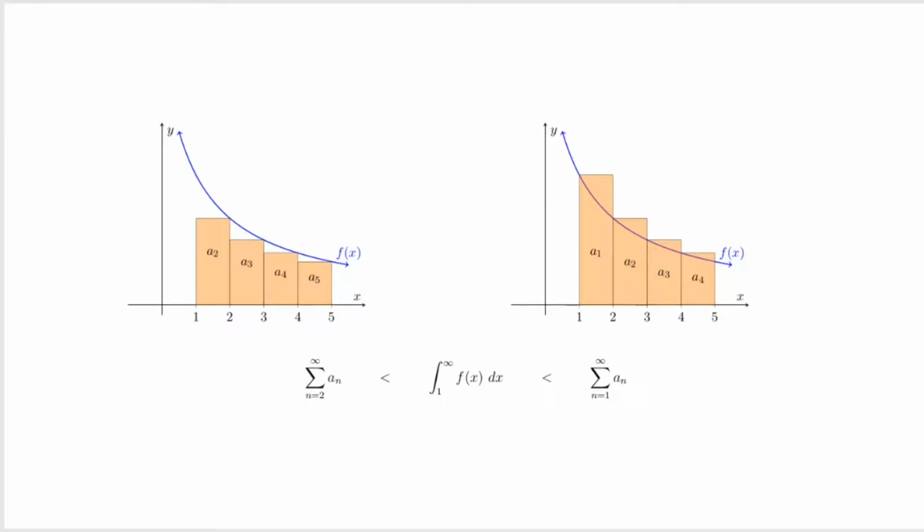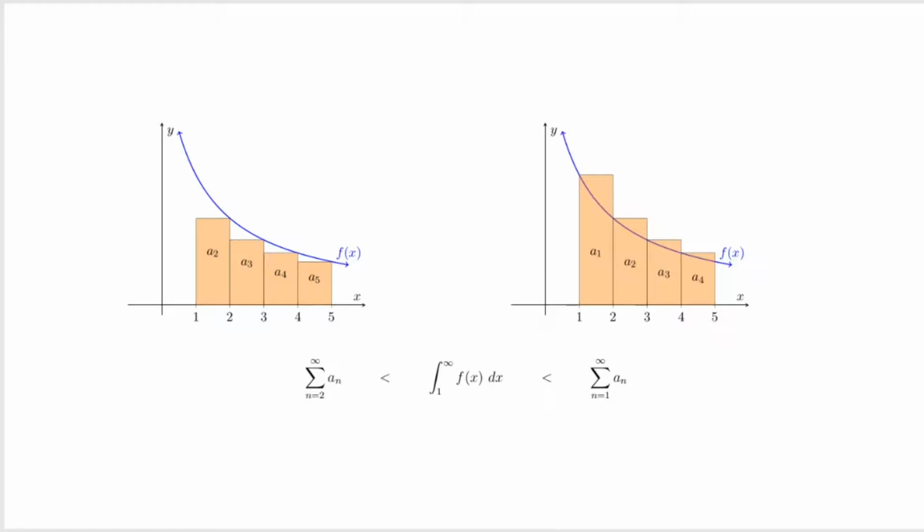Suppose the improper integral diverges. Well, it's smaller than the series on the right. So if that improper integral goes to infinity, then so does the series on the right, the sum n equals 1 to infinity of a sub n, and that's the series that we're talking about.